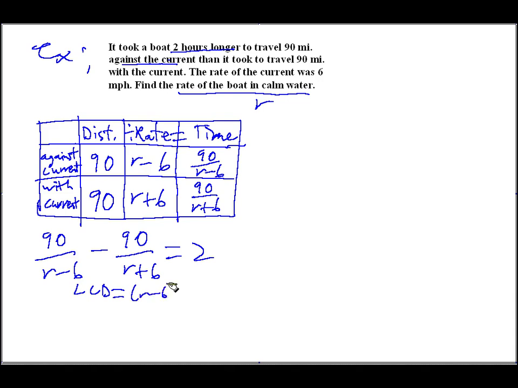Well, it's going to be R minus 6, R plus 6. We solved these equations before back in chapter 9, right? So let's multiply everything by R minus 6, R plus 6.